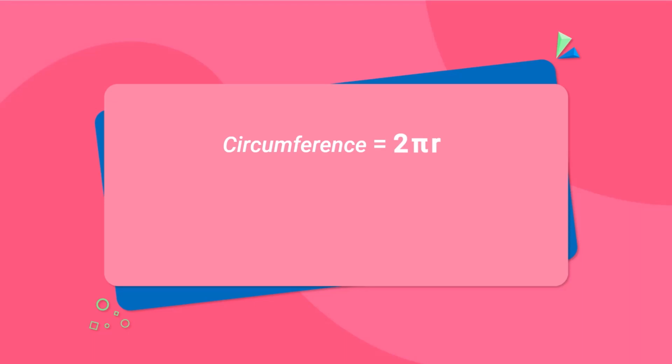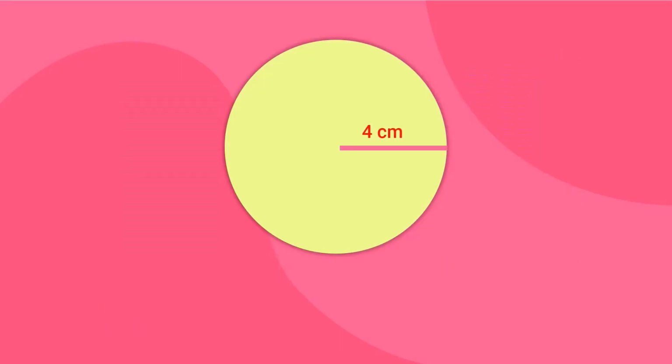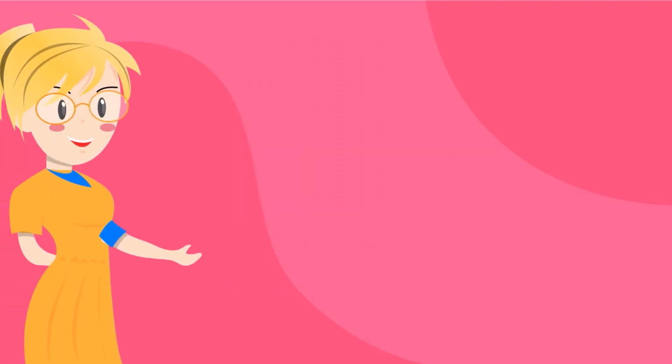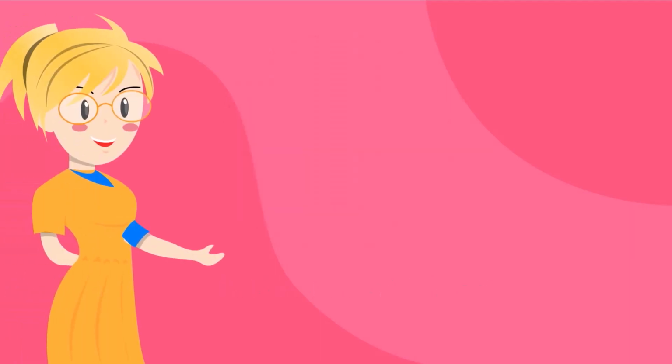So we'll write 2 times 3.14 times 4, which gives us 25.12. Hence, a circle with radius of 4 cm will have the circumference of 25.12 cm. Good job, everyone, for paying attention.